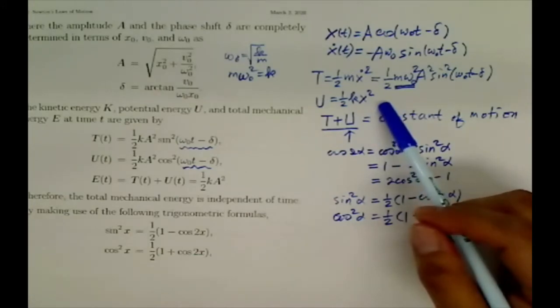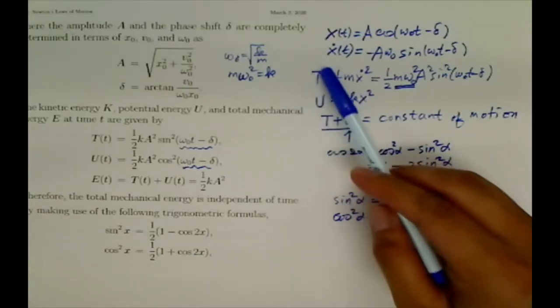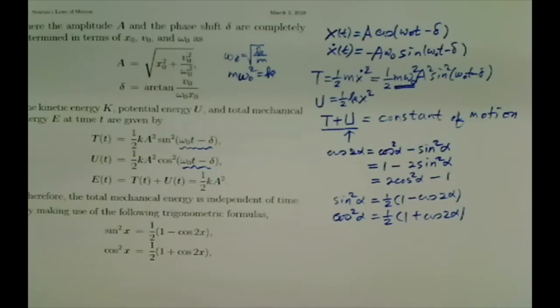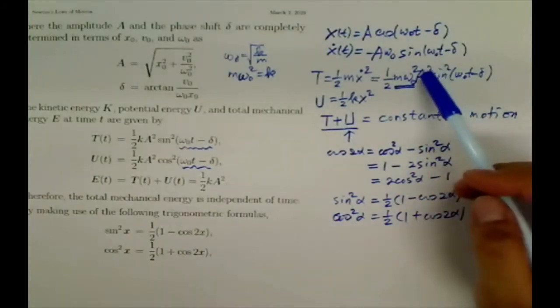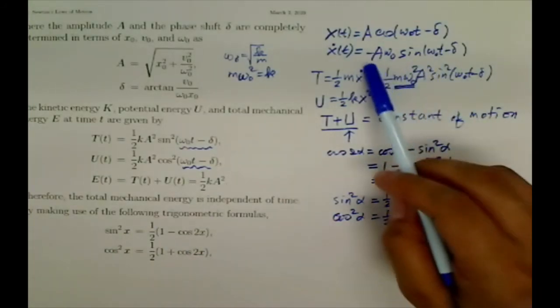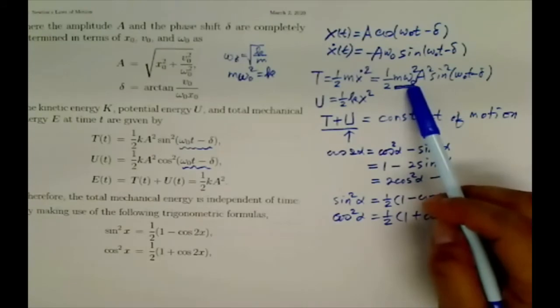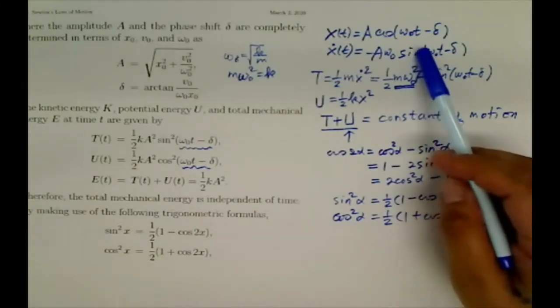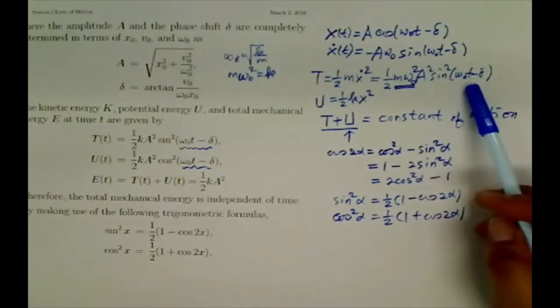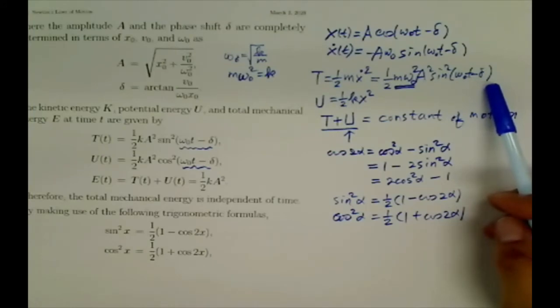The time-dependent contribution to the kinetic energy is 1/2 m times omega 0 squared a squared, and sine squared of omega 0 t minus delta.